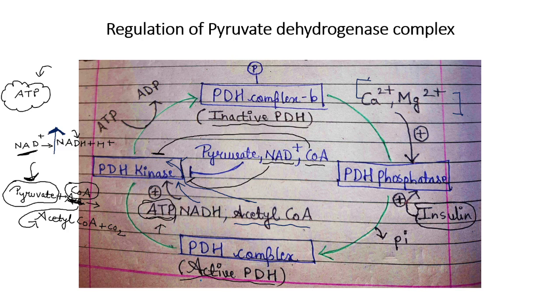When the phosphate group is removed, it will get converted into active PDH, due to which pyruvate oxidation will occur, due to which ATP formation will occur.